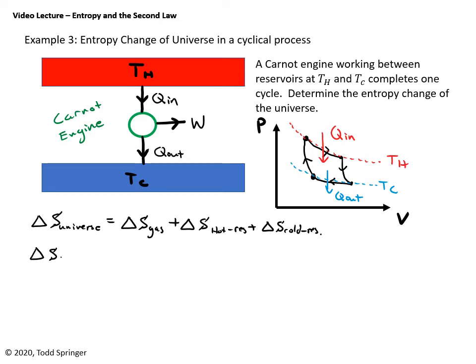Okay, so the first one is easy. Delta S for the gas. This is a cycle where the gas goes from point A to point B to point C to point D back to point A. So it's S final minus S initial, but because the initial and the final are the same, it's a cycle, it's going to be equal to 0. So this is a cyclical process. Initial and final states are the same.